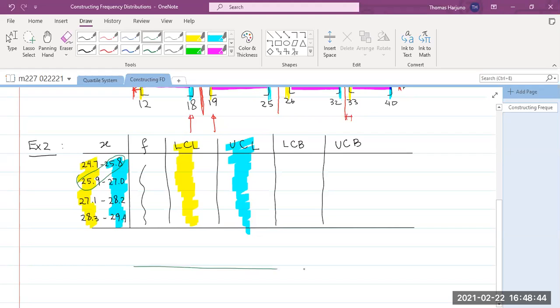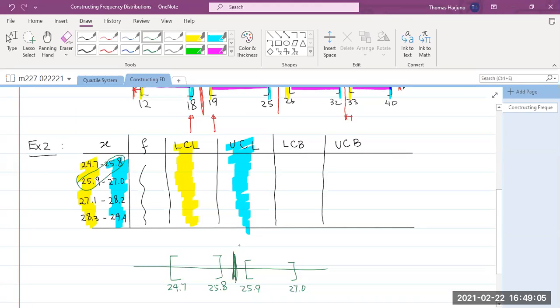So imagine my first class is from 24.7 to 25.8, and my next class starts from 25.9 to 27.0. The boundary will be between these two numbers.